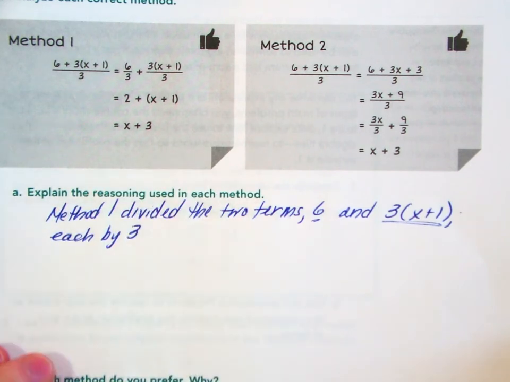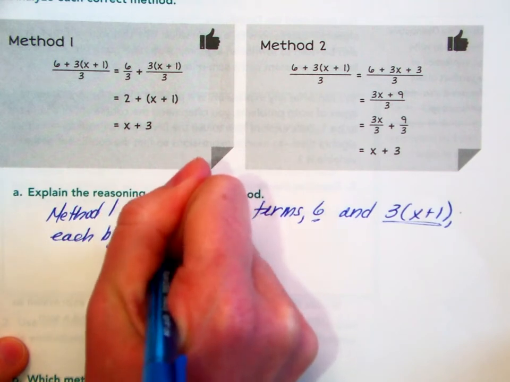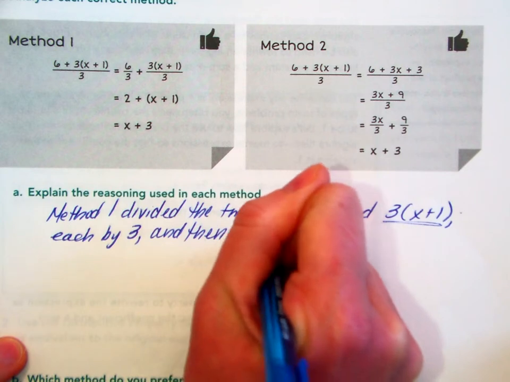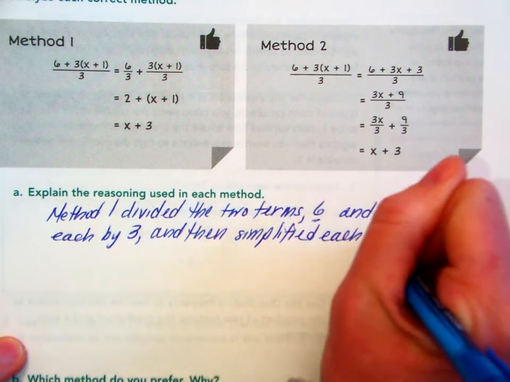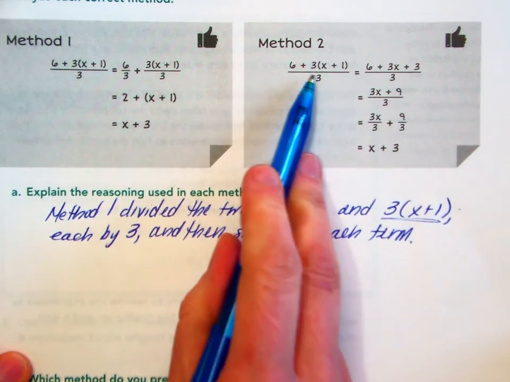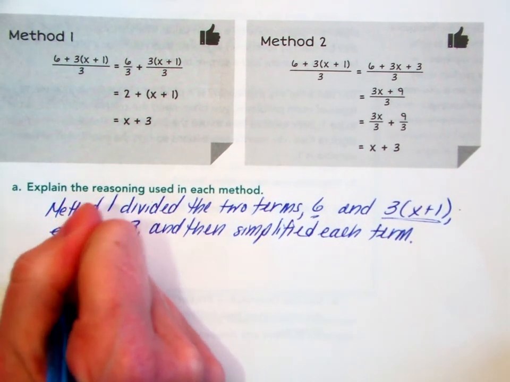And then simplified each term. In method 2, we distributed the 3 to the x and 1.